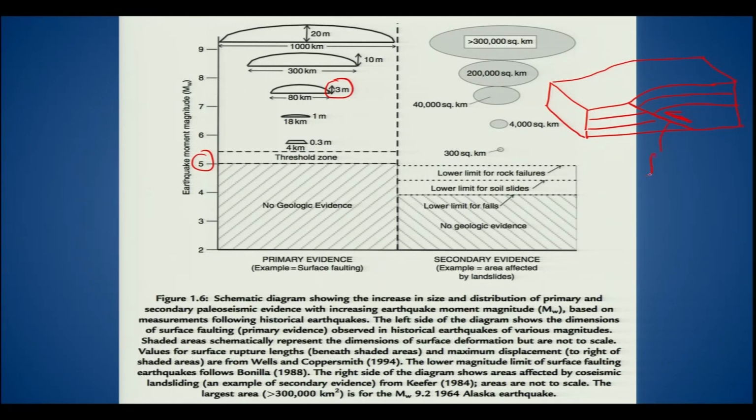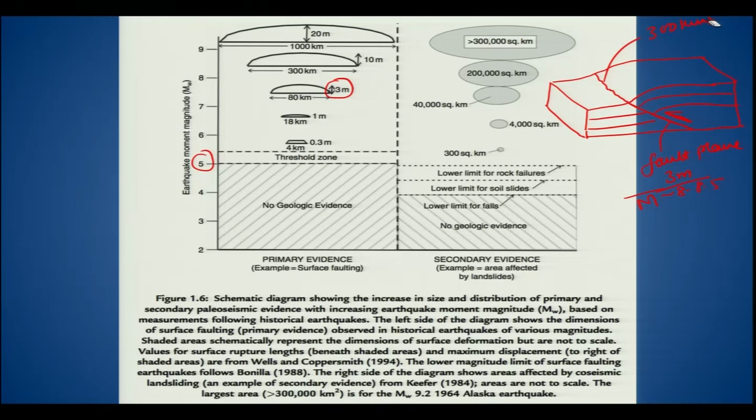This is your fault plane, and it will be around 3 meters with a magnitude around 8 to 8.5. So, this is the magnitude, and the rupture which we usually talk about along this line will be over 300 kilometers.